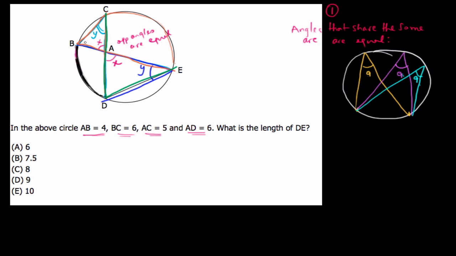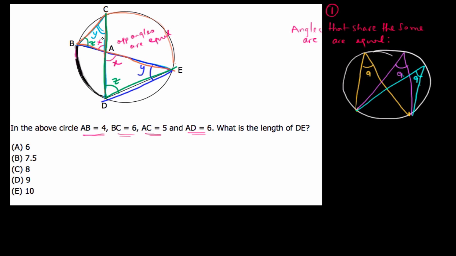So this angle here shares this arc with this angle here, so definitely this angle and this angle, they have to be equal.